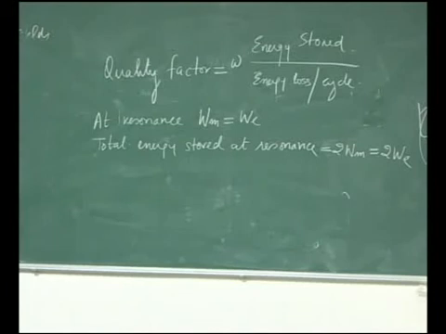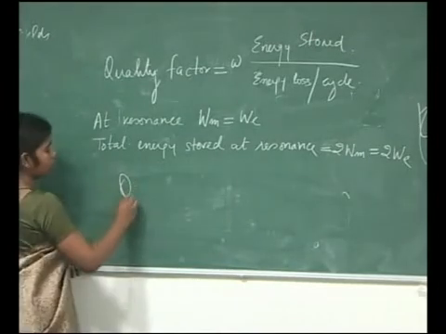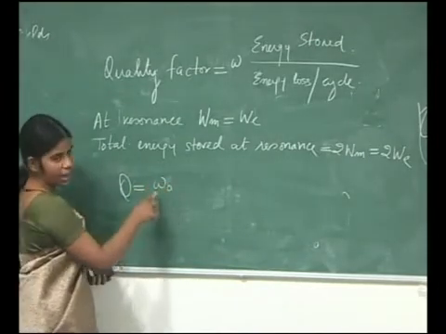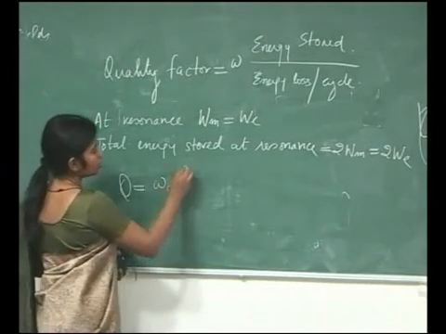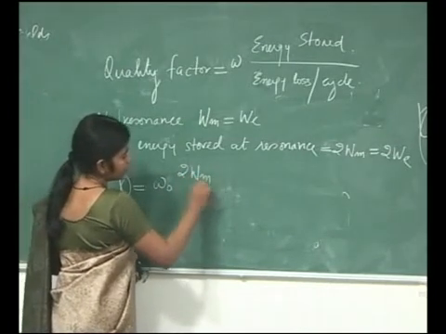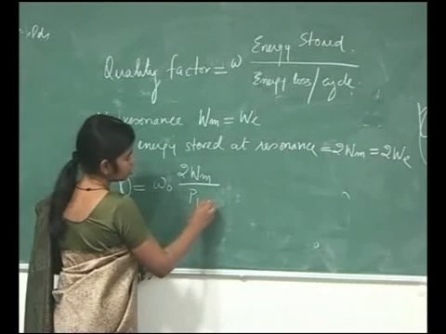So quality factor Q is equal to omega naught at resonance times 2 Wm divided by P loss.